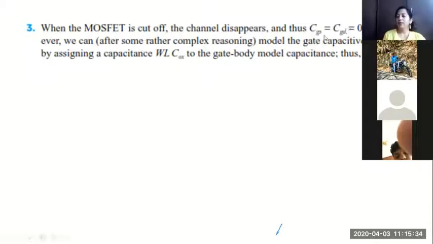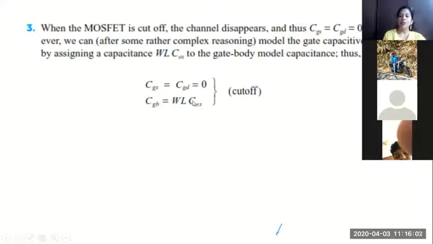Both the gate to source and gate to drain capacitance will be 0. But however, there will be some small effect due to the gate and substrate terminal. So between the gate and substrate terminal, there is a small capacitive effect which can be modeled as WL into Cox.